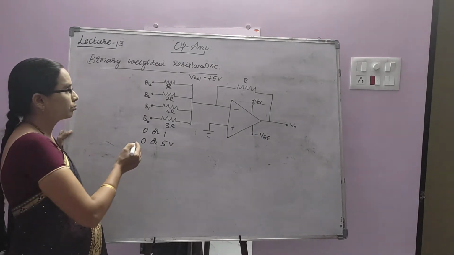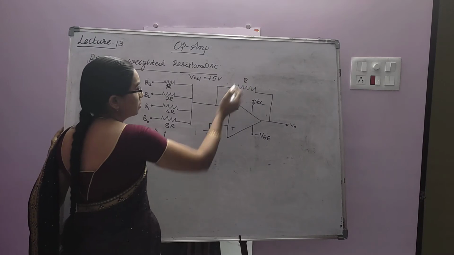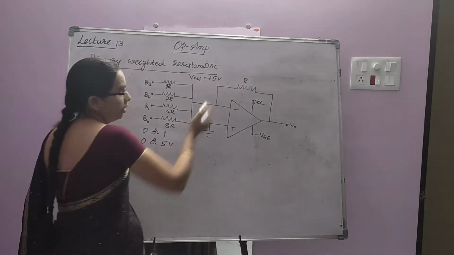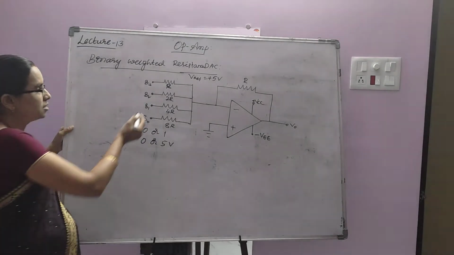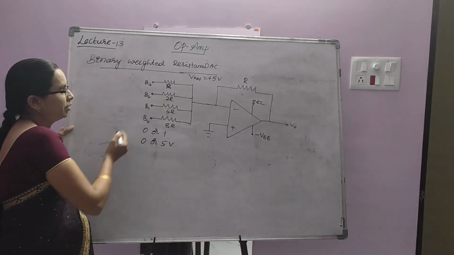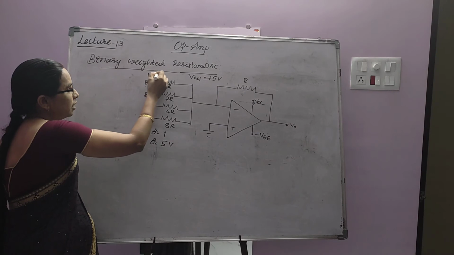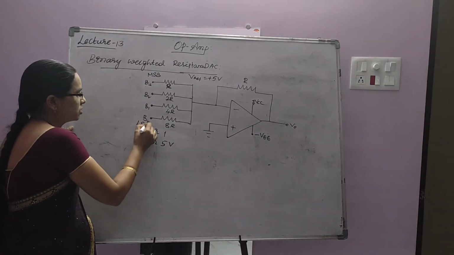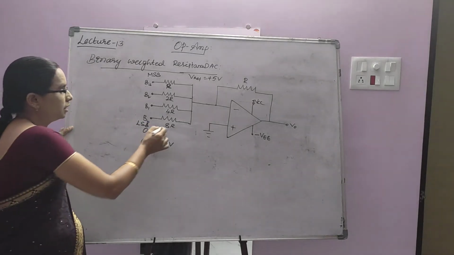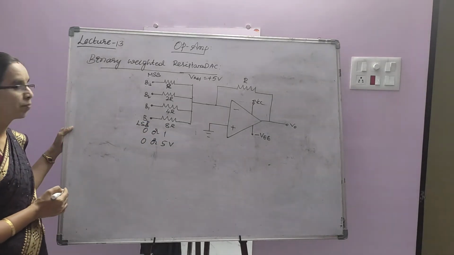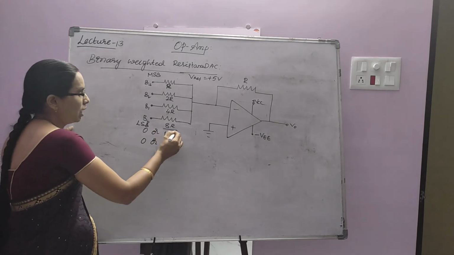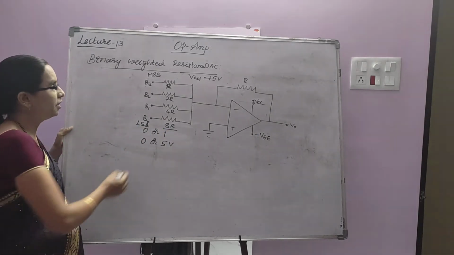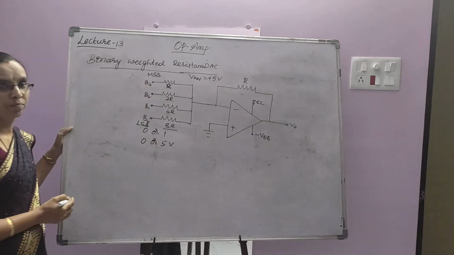So here the feedback resistance RF is equal to R, and the resistance connected to bit 3, that is MSB, is R. The resistance which is connected to the LSB is 8R. That means the resistance value with the LSB is greater than with the MSB.